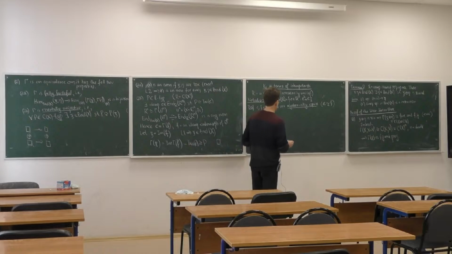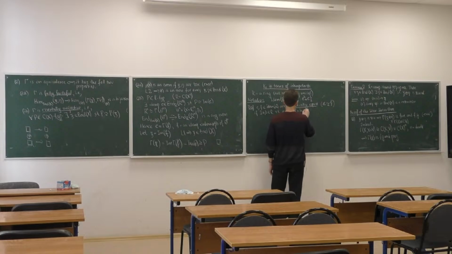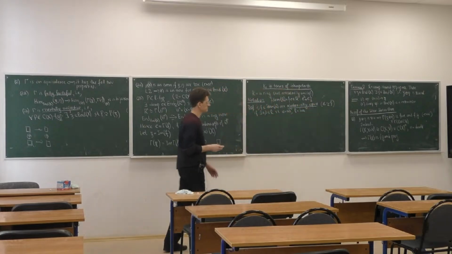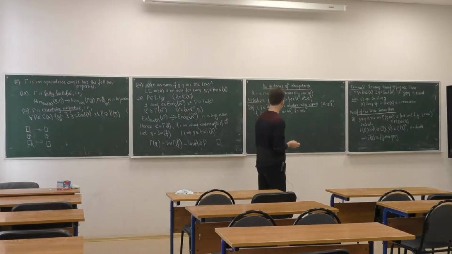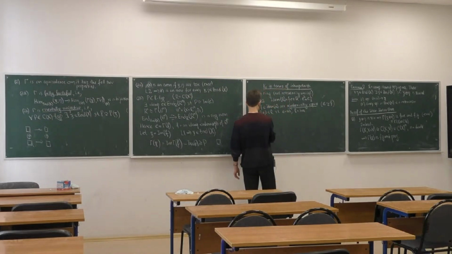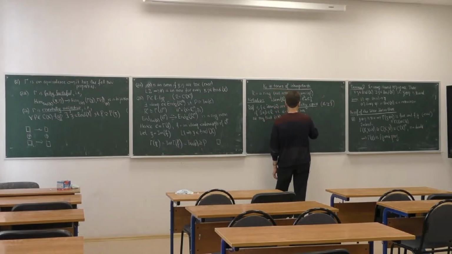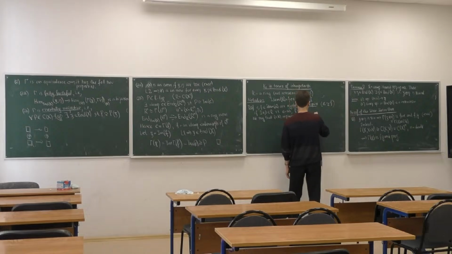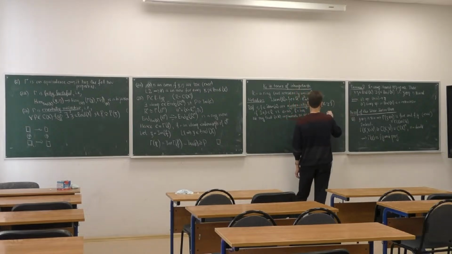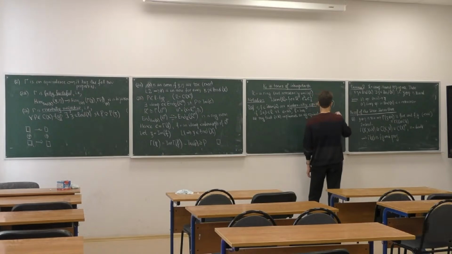So we say that they are algebraically equivalent if there are two elements A and B in R such that E equals AB and F equals BA. And if this is the case, we say that the pair A, B implements an algebraic equivalence between E and F.